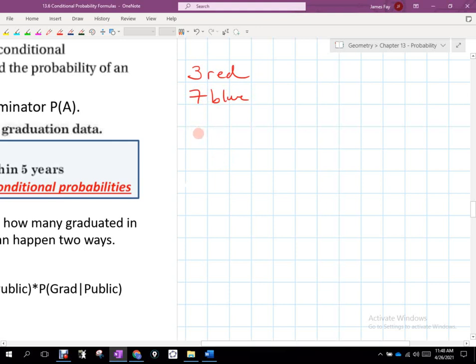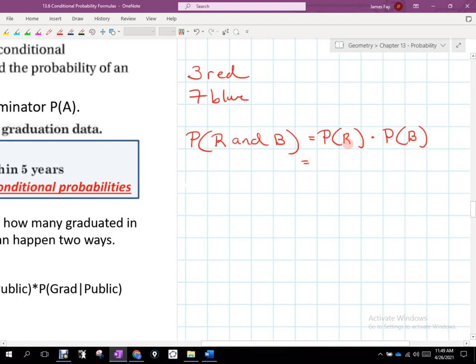And I want to know the probability of getting red and blue when we pick 2 marbles and keep the first one out. So that would be the probability of red times the probability of blue. Does that make sense? Okay.